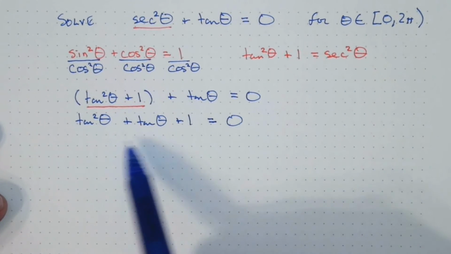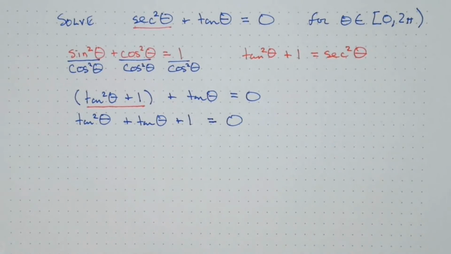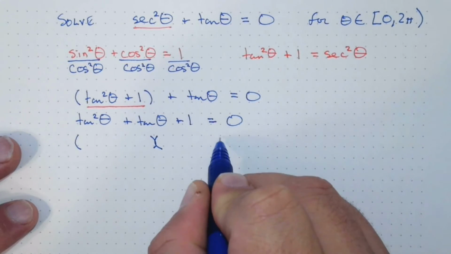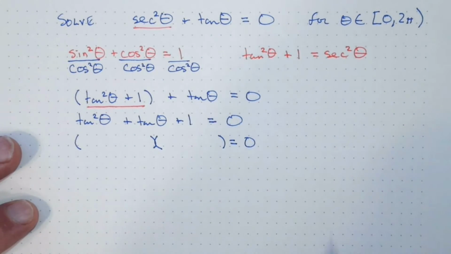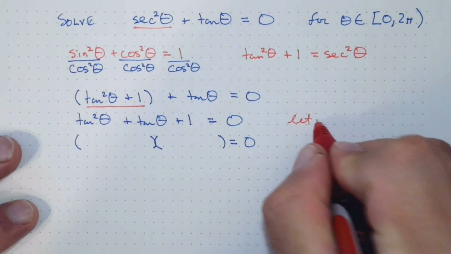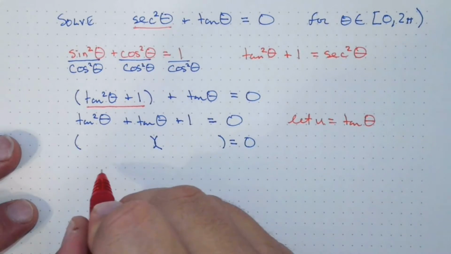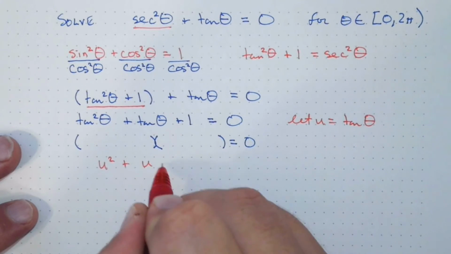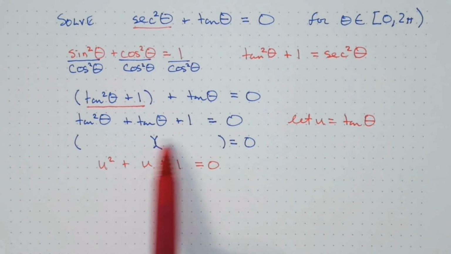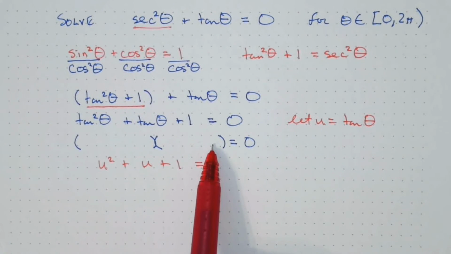Now, in looking at this, I already know that I'm going to need some additional resources. Because if I were to make a substitution, if I were to say, let u equal the tangent of theta, and think about this as u squared plus u plus 1 equals 0, there's not a way to factor this with rational coefficients.